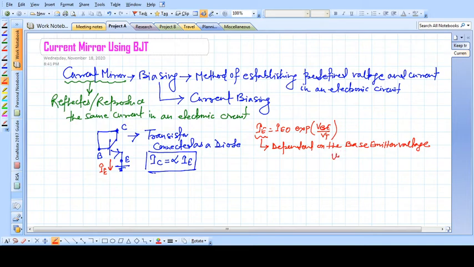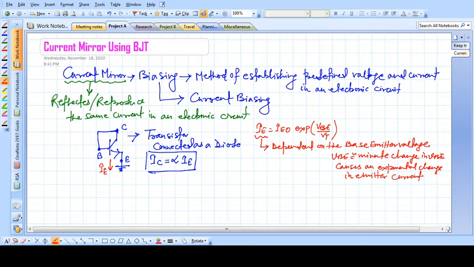So even a minute change in VBE causes an exponential change in the emitter current.